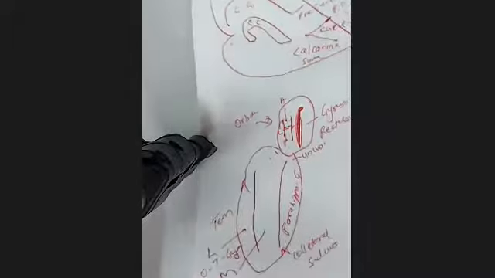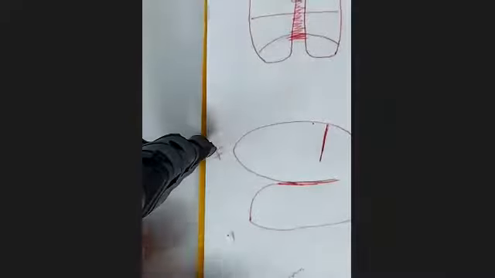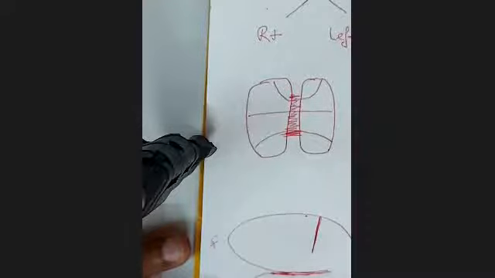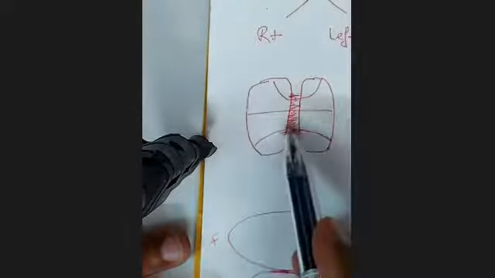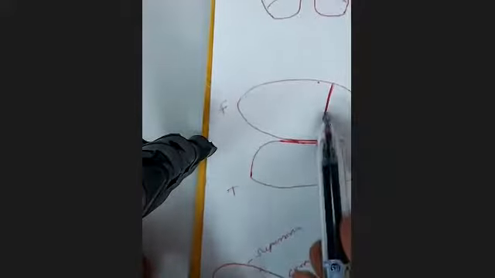Again, we'll have a fast revision of this. We started by saying that cerebrum has right and left hemispheres, which are united with each other by corpus callosum. Then we tried to divide it into 4 lobes. This is lateral sulcus. Mainly there are lateral sulcus and central sulcus.